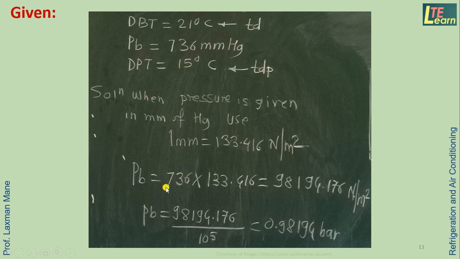So for 736 mm we will have barometric pressure, means total pressure, in Newton per meter square, means in Pascal. This is the figure shown here, that is 98194.176. We have to convert this pressure into bar. So divide this value by 10 raised to 5. So we find barometric pressure PB is equal to 0.98194 bar.